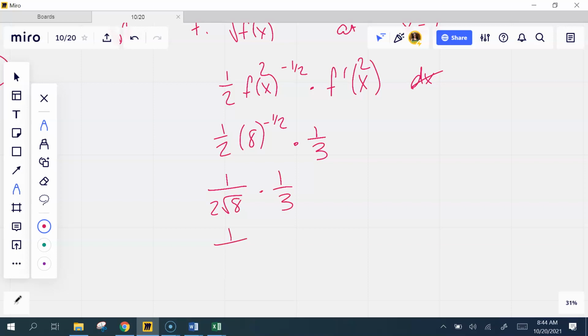This is 2 root 2, so that would be 4 root 2 times 1/3. 12 root 2. Or, if you rationalized it, square root of 2 over 24. I don't know how they gave you the answer in the book. They did 1 over 12 root 2. Any of those would be sufficient.